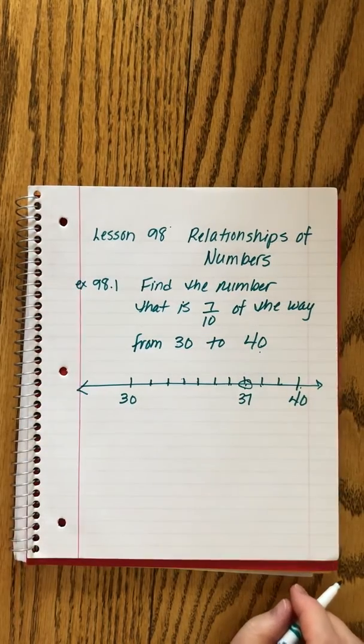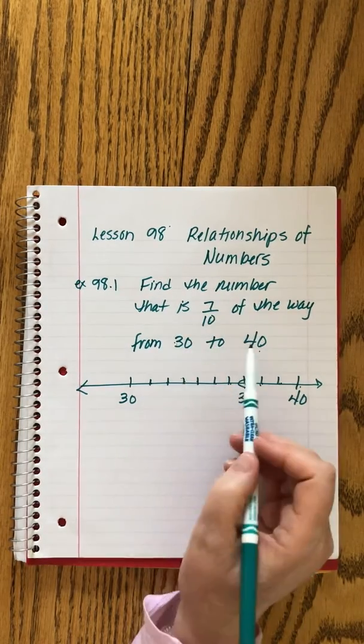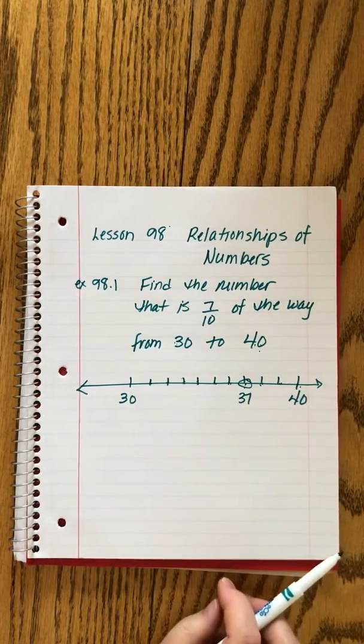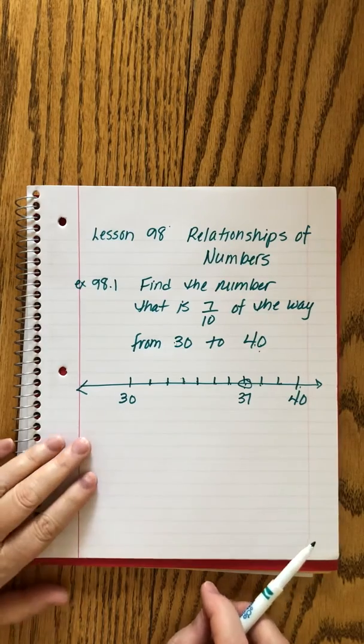Okay? Now, this one's easy to figure out, but we don't want to count on every problem having a denominator of 10 and being 10 spaces in between the two numbers because that's just not likely to happen, all right? So what we need is a cute little formula to solve this.